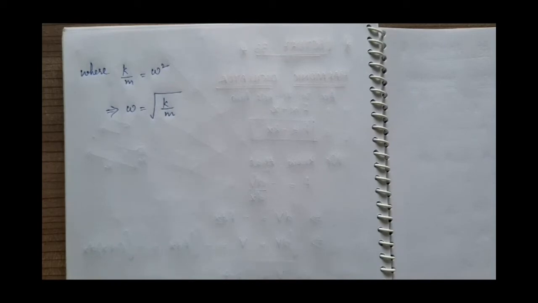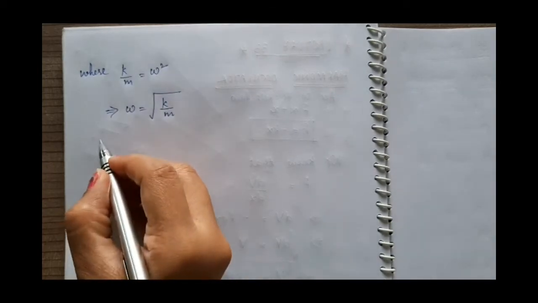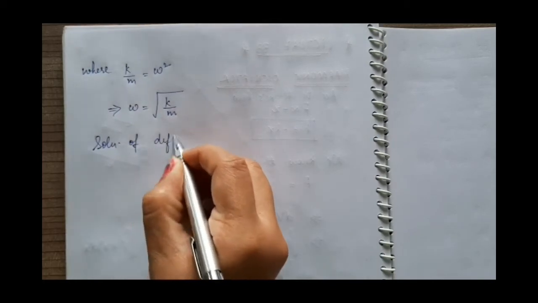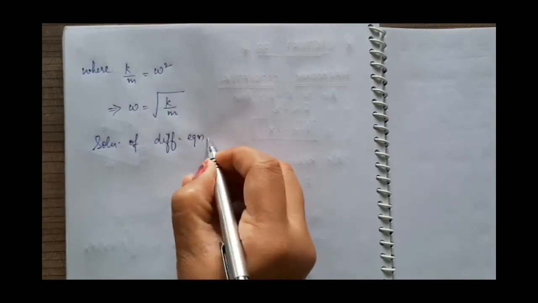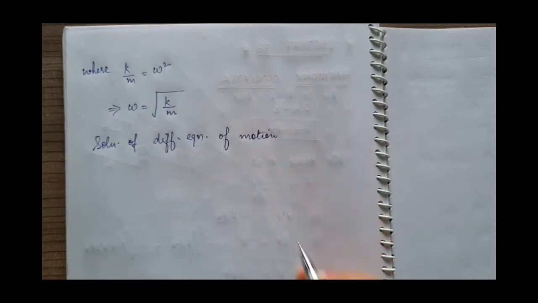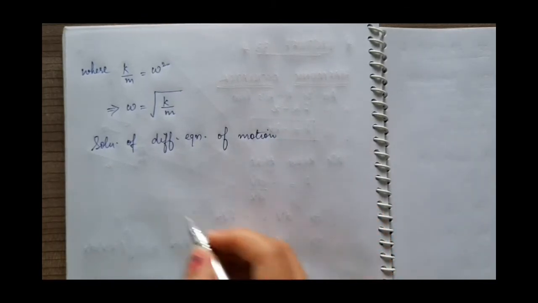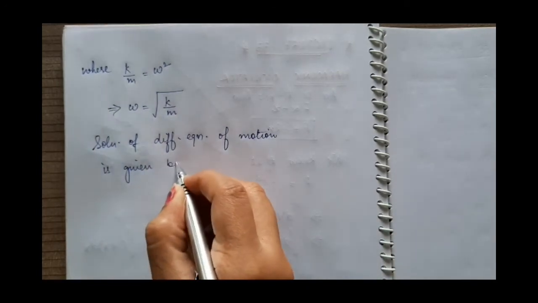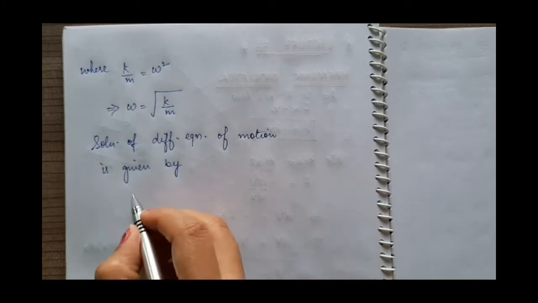And what will be the solution of the differential equation of motion? The solution of the differential equation of motion of a particle exhibiting simple harmonic motion is given by x.